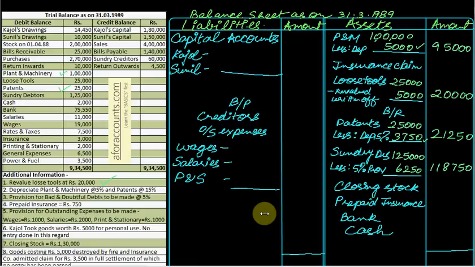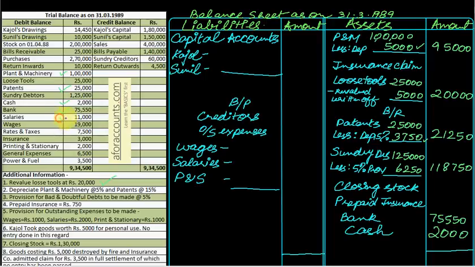Cash 2,000. So cash 2,000 here in your balance sheet. Bank 75,550. So 75,550. हो गया.